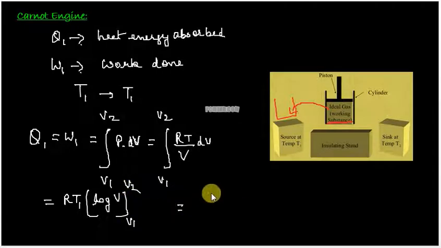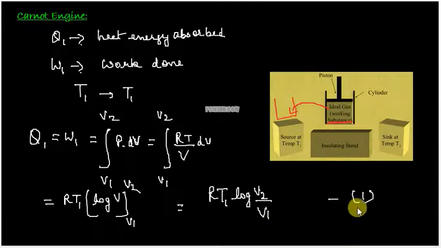So ideally it gives me RT1 times log of V2 minus log of V1, which I will write as log of V2 upon V1. Now that's my first equation I got, the work done in isothermal expansion.